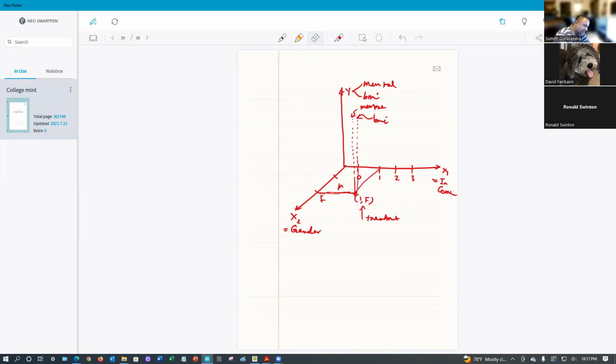Do this with all the treatments, all the combinations.